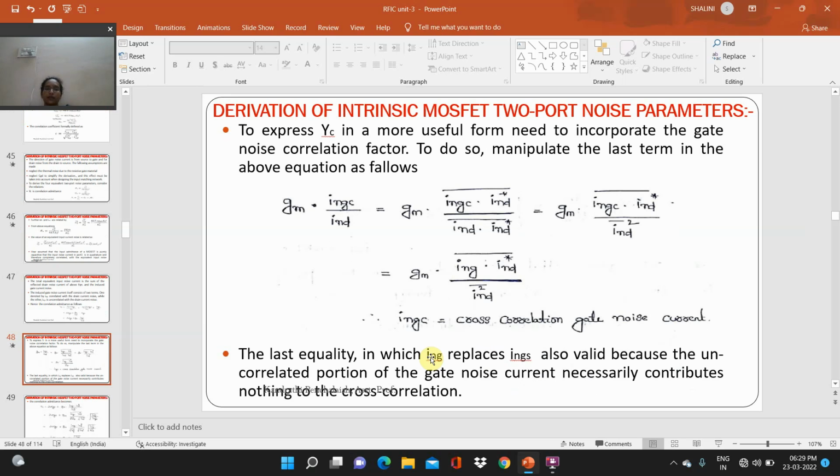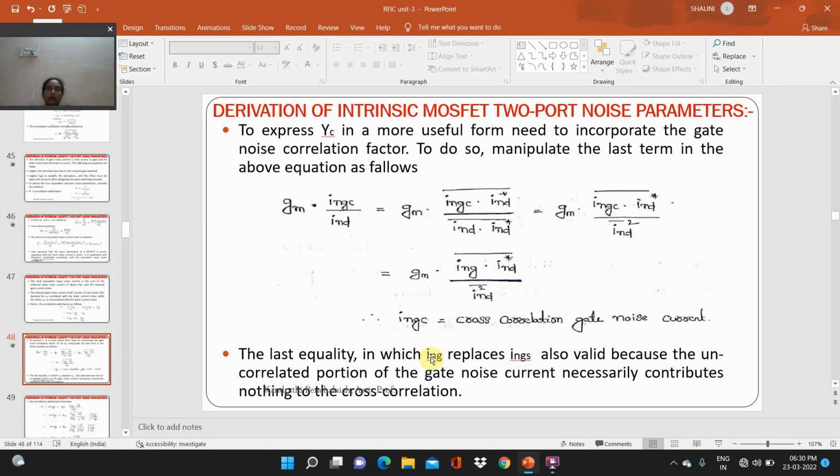Next, to express Yc in a more useful form, we need to incorporate the gate noise correlation factor. To do so, manipulate the last term in the above equation as follows. Gm into i_ng c·i_nd is equal to Gm into i_ng·i_nd complex conjugate, divided by i_nd times its complex conjugate.